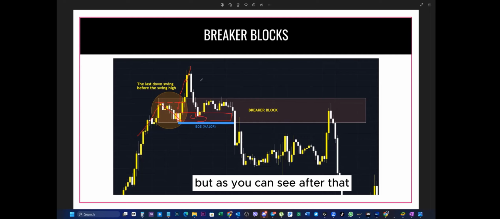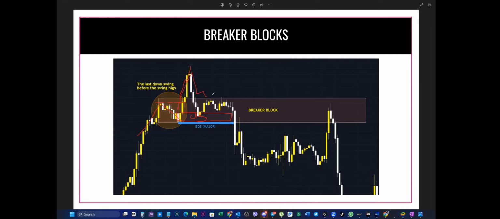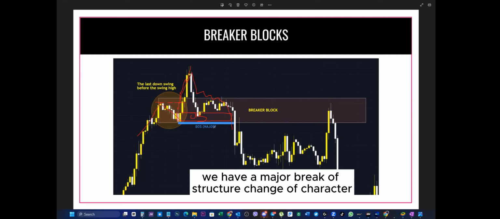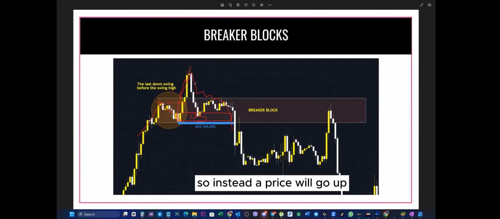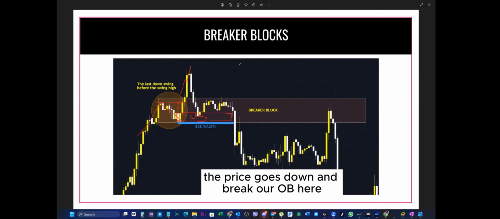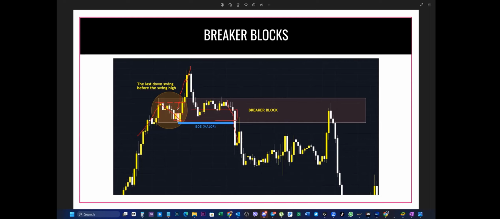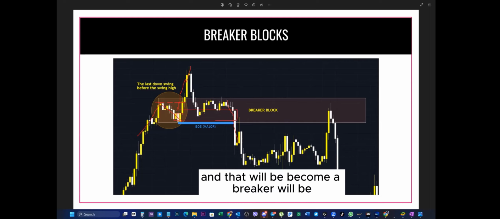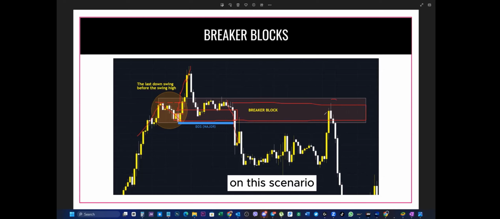But, as you can see, after that, it failed in this OB. Nagkaroon tayo ng major breakup structure, change of character. So, instead price will go up, the price goes down and break our OB here. And that OB becomes a breaker OB on this scenario.